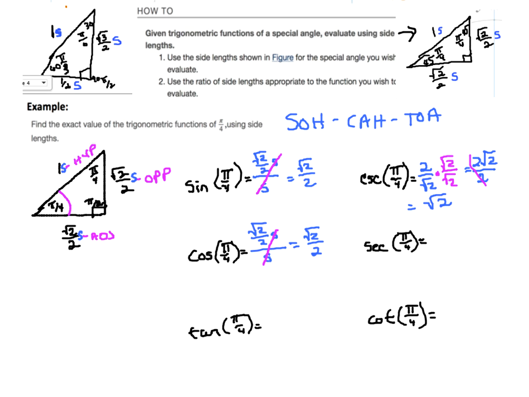The secant is the reciprocal function, and I've already done the work for it. This is just square root 2. And finally, the tangent is the opposite, square root 2 over 2s, over the adjacent, square root 2 over 2s. Everything divides out, and I'm left with 1. The reciprocal of 1 is 1.